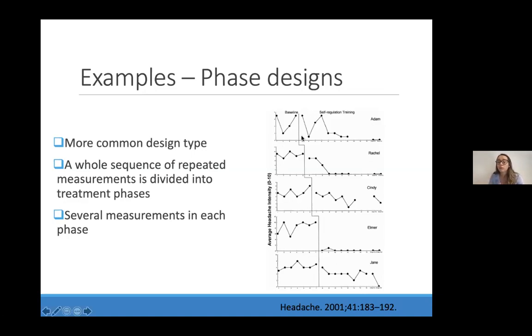So Adam was randomized to 4 points in control baseline, and all the rest of the study he was in the drug, while Rachel was randomized to do this change from phase A to phase B on the day 5, and Cindy on the day 6, Elmer on the day 7, Jane was also on the day 7. See, it was a randomization. I did not choose who would change phase each time. I randomized the changes in phases, and that patient was randomized to that change.